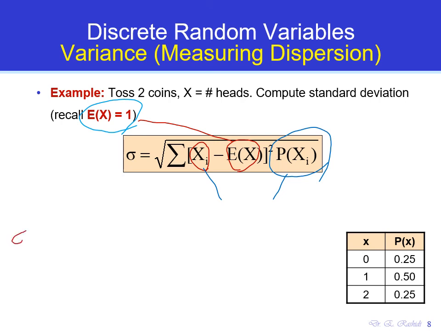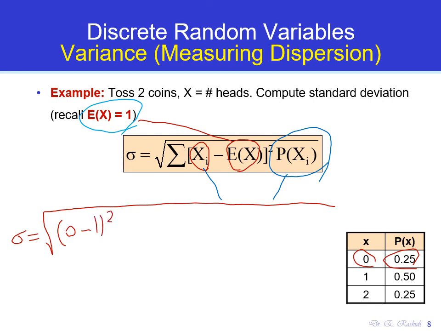So sigma here would be equal to a square root of the first value that x would get, which is 0, and it's going to get 0 with the probability of 25%. According to the formula, that would be 0 minus the expected value, which is 1. Then we square that value and multiply by the probability that x gets 0, which is 25%. Plus the next value.